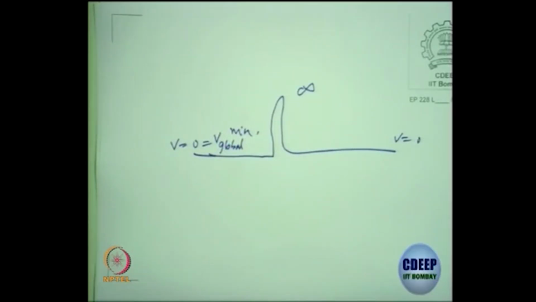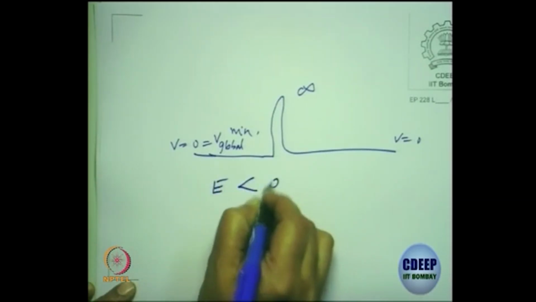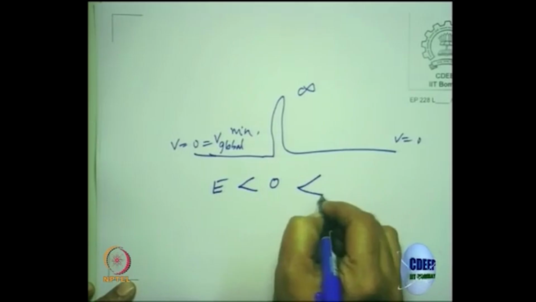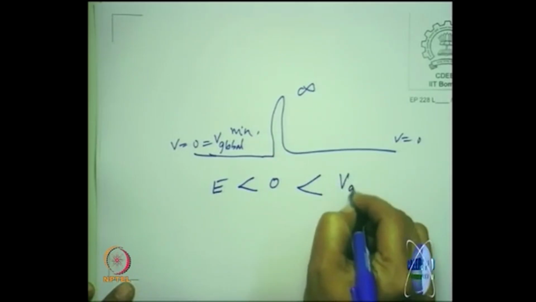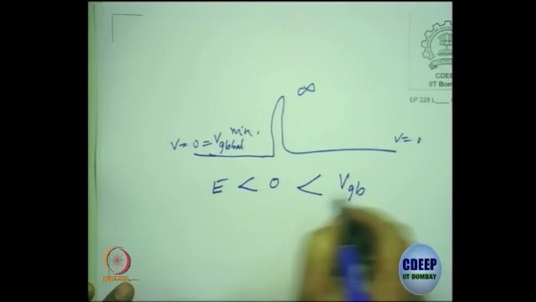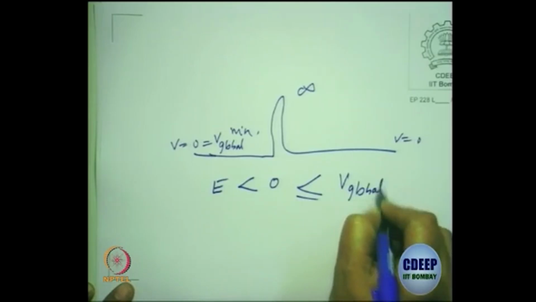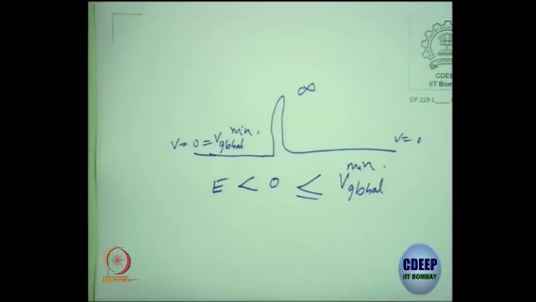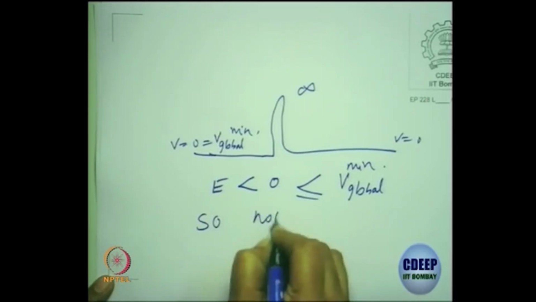For bound state, E should be less than V at plus infinity and minus infinity. So, E less than 0 is less than V global minimum. Not possible.